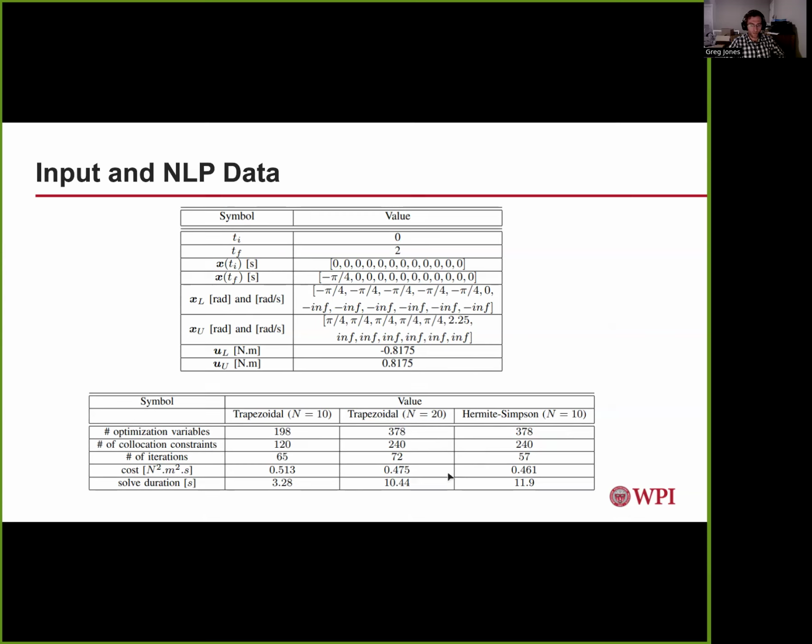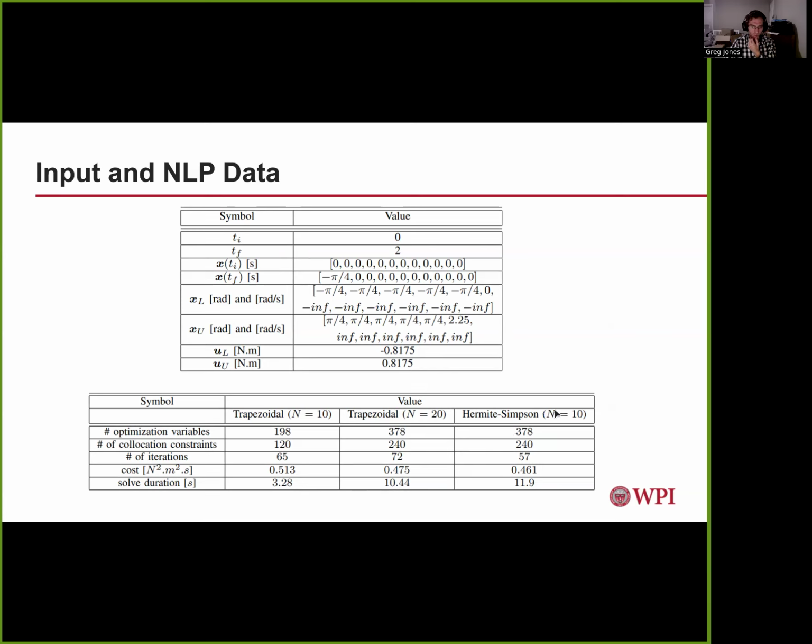However, in terms of differences in solve duration, for trapezoidal with 10 trajectory segments it's only 3.2, 3.3 seconds. Doubling that almost triples the solve time.